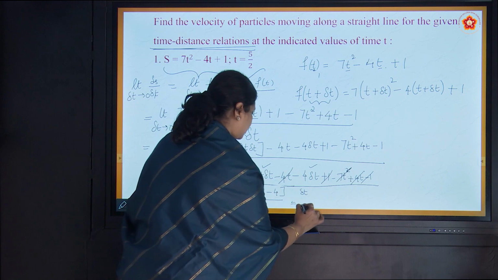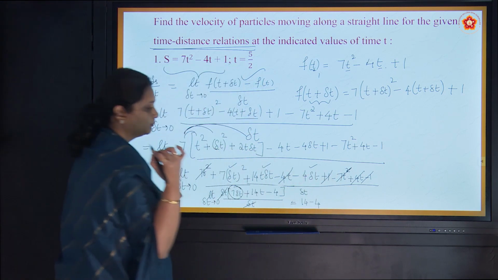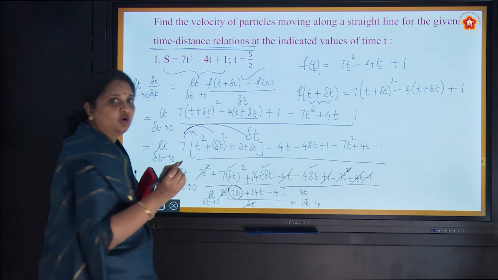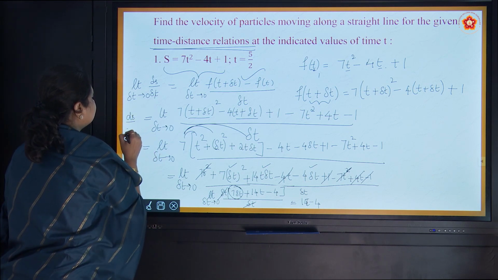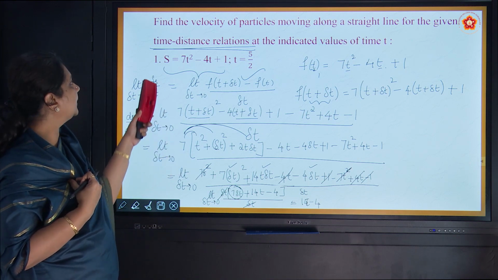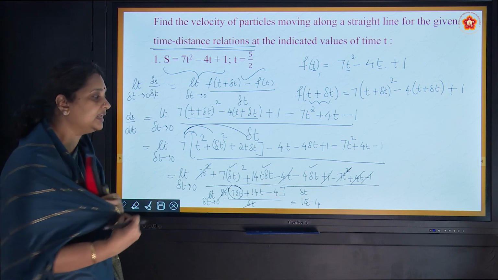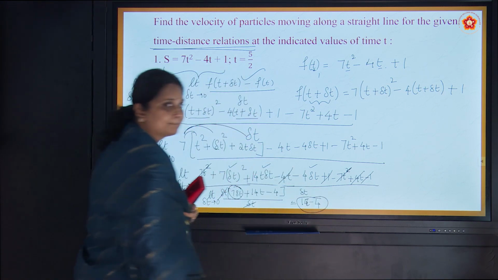So I'm left with 14t minus 4. So this is my ds by dt. Have you all understood? So the derivative ds by dt, otherwise the velocity, is nothing but 14t minus 4.